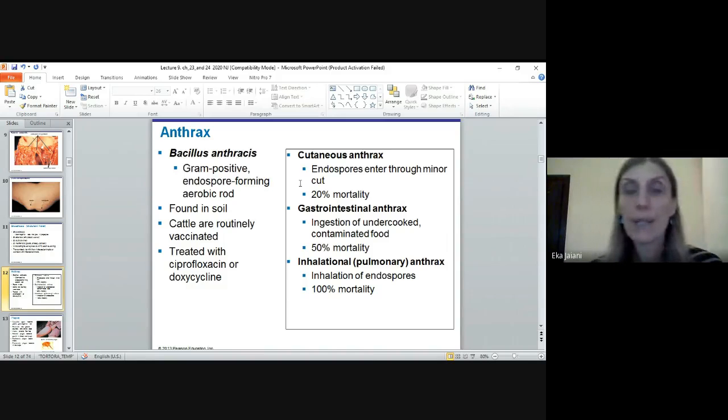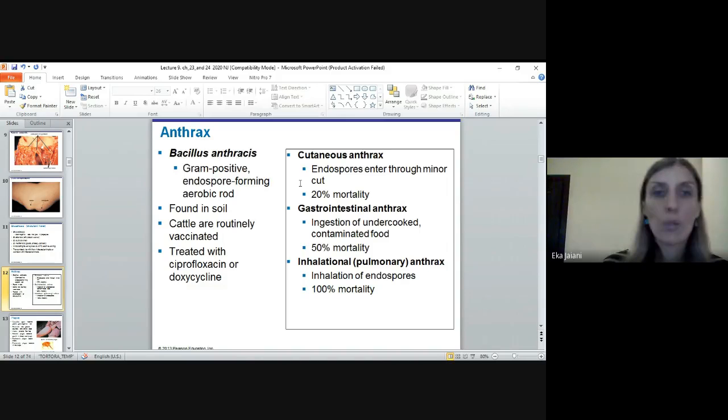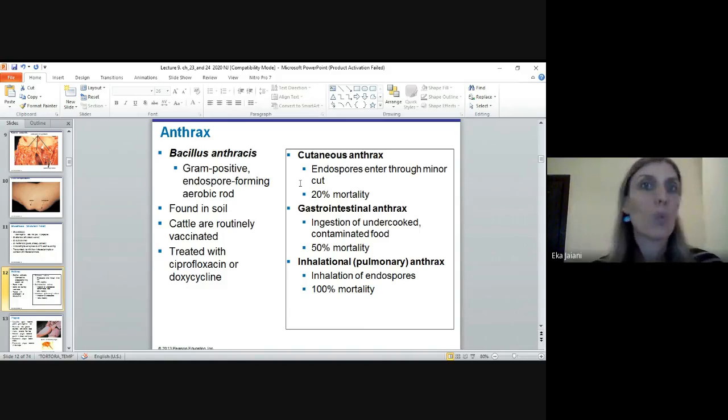We have different types of anthrax. We have cutaneous, affecting the skin. Bacillus anthracis is found in cattle, in soil as well. It is also spore forming. And when people work at slaughterhouses, they cut the meat or process this meat, they can be infected, the skin can be infected with Bacillus anthracis if they have some cuts on the skin.